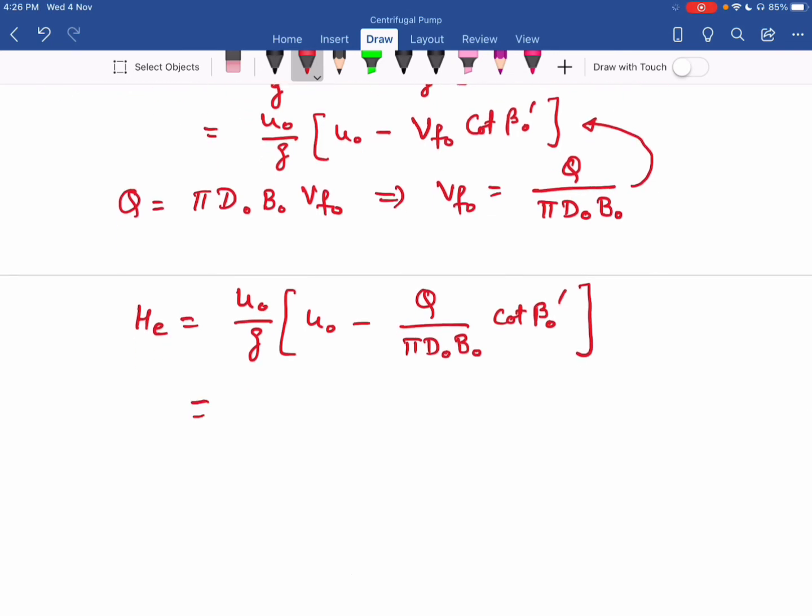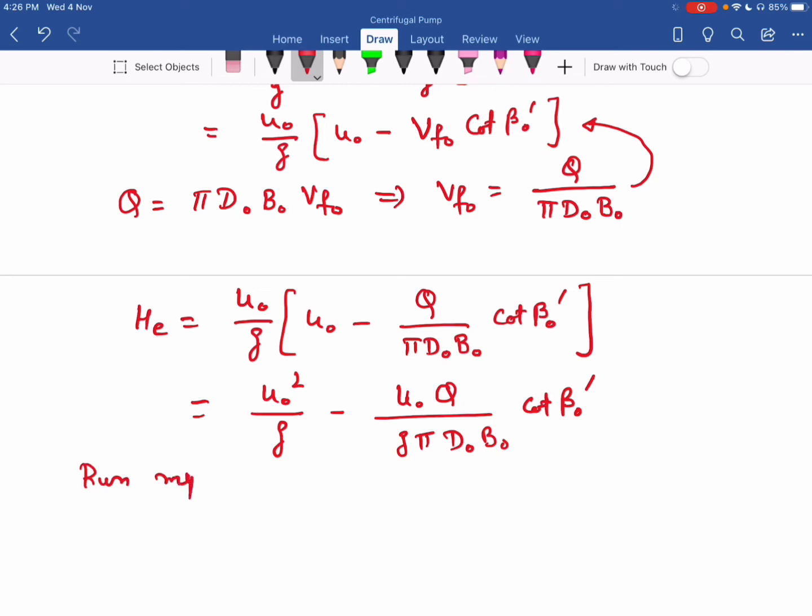And further, I can write it as UO square divided by G minus UO Q divided by G pi DO BO cot of beta O dash. Now further, if I run my pump at constant speed, at that very time UO is constant.